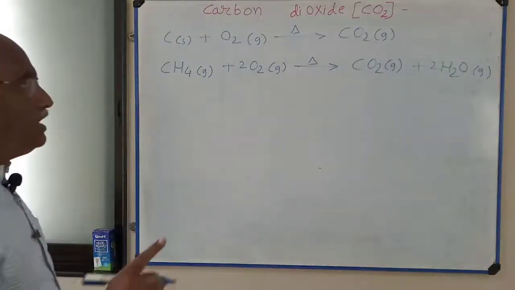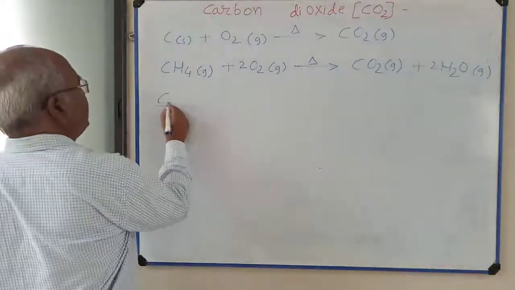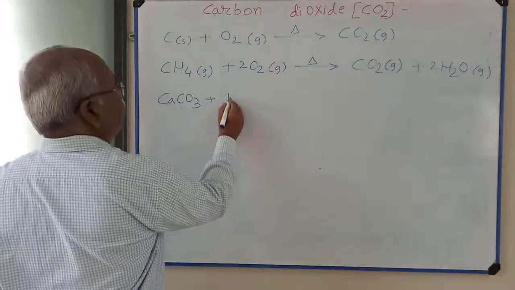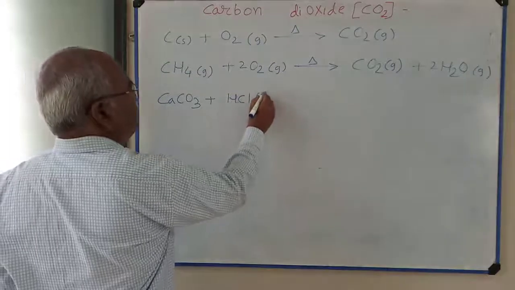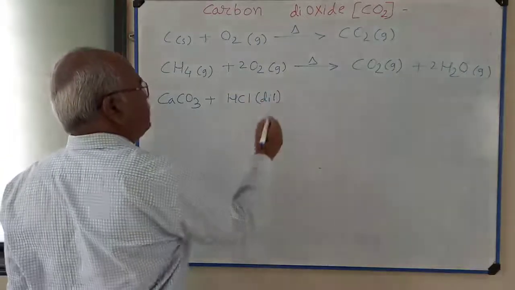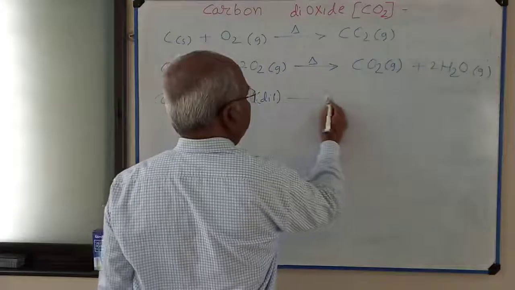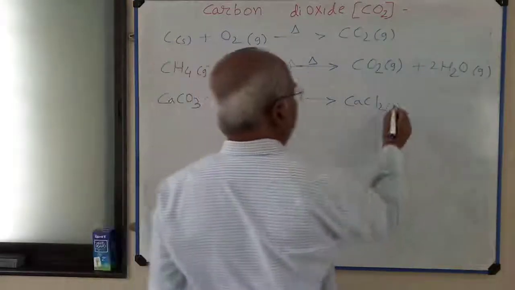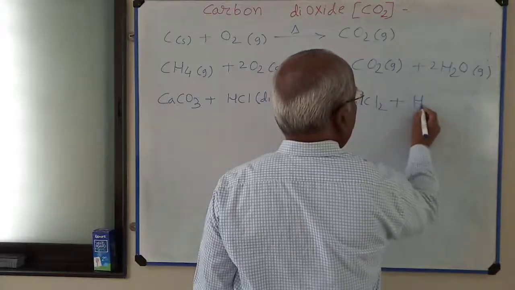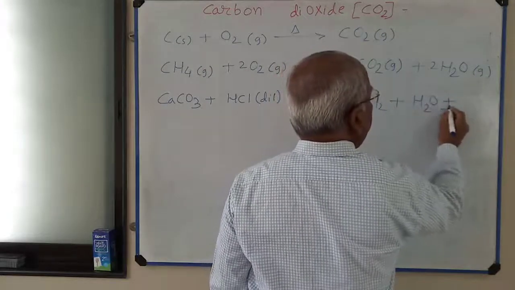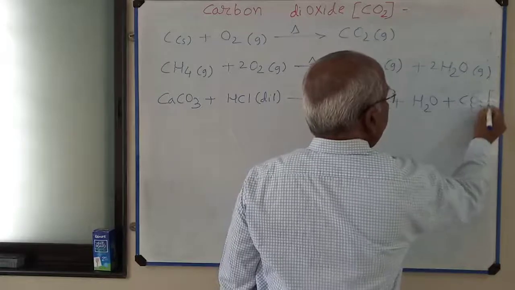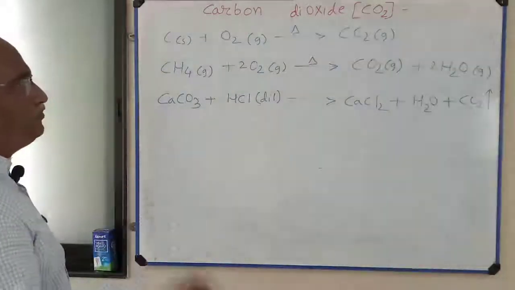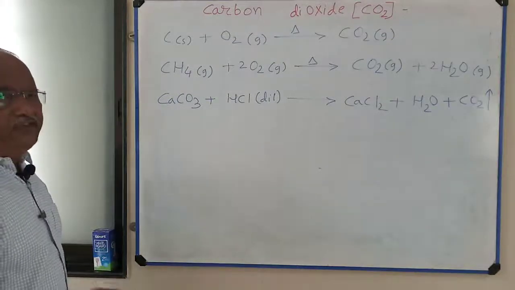Next method I am going to explain, calcium carbonate. When dilute HCl is added to calcium carbonate, it forms CaCl2 plus H2O plus carbon dioxide gas. Balance this reaction.